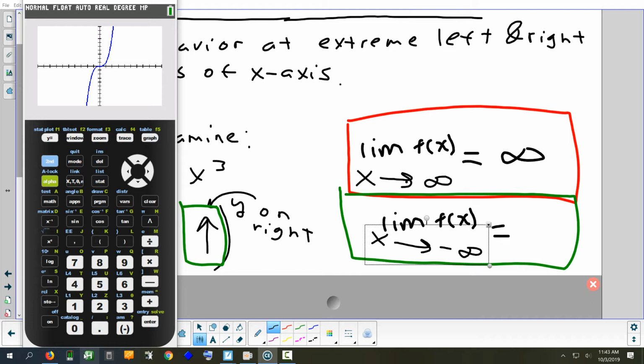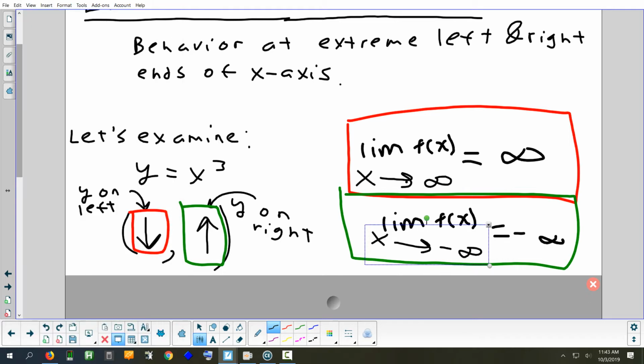It's heading down forever. And in math, we describe down forever as negative infinity. So this is two ways to write exactly the same thing. In calculus, you see more of this limit notation. These arrows are just a simple way for people to understand it when they're starting out. Any questions on that?